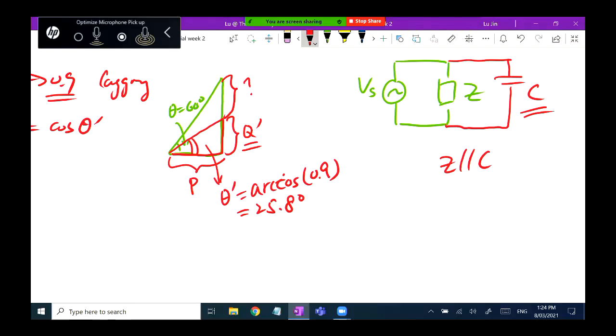Regarding how high the green vertical edge is, we did that in part A, so that has been solved. So this question mark is equal to the original Q in the green triangle minus the Q prime, which is the vertical edge of the new red triangle.